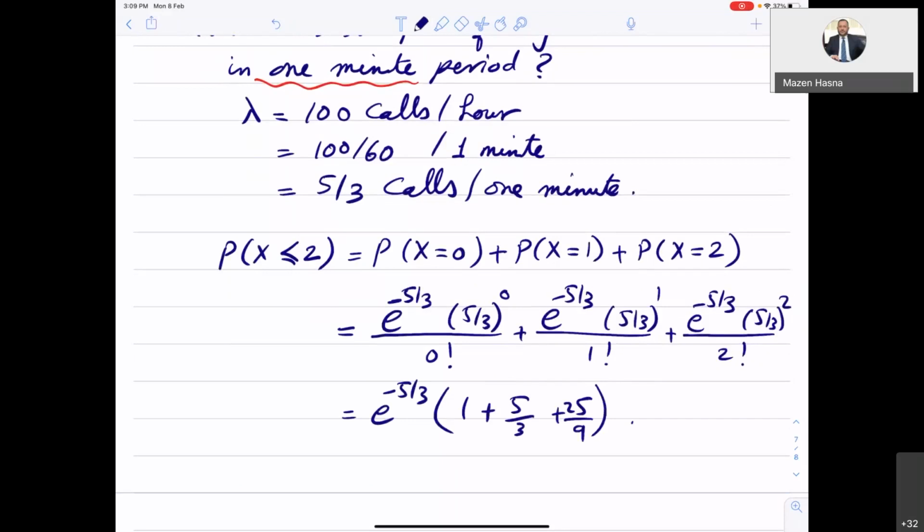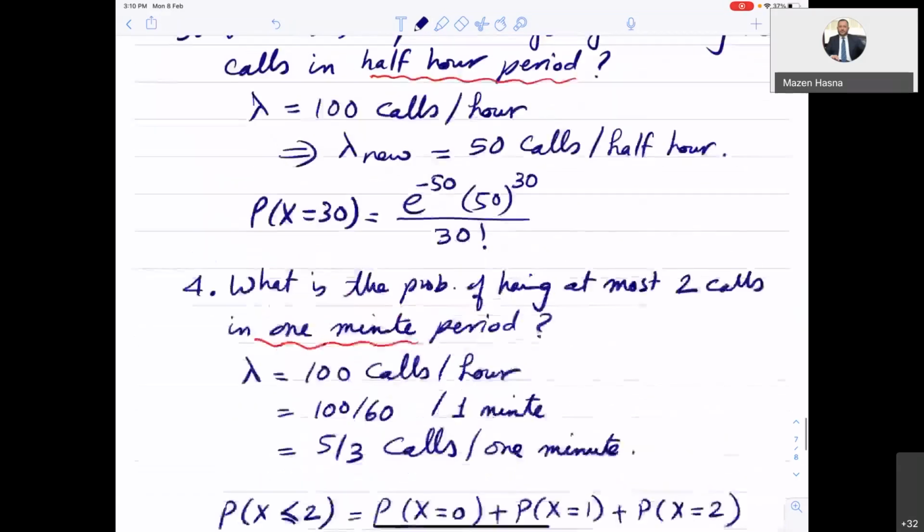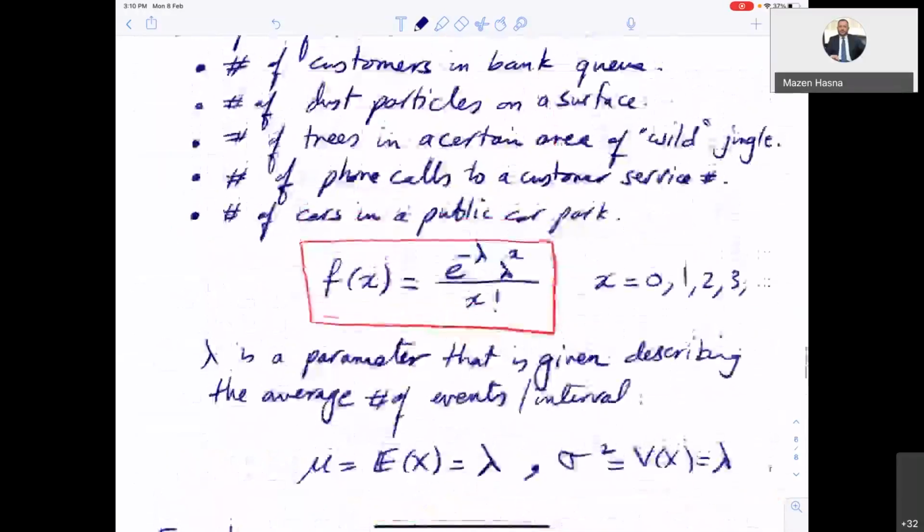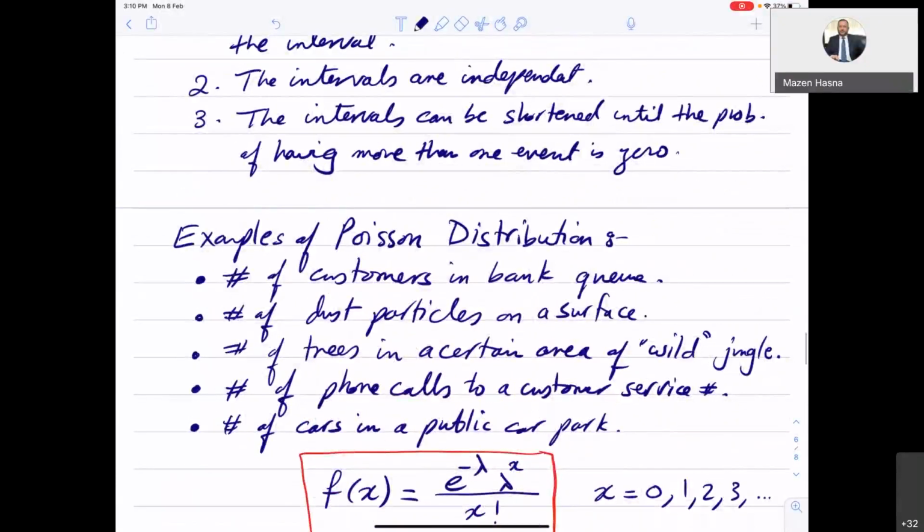So this is the Poisson distribution. As I said, most of the time the hints and the examples give you an idea about when to use Poisson distribution.